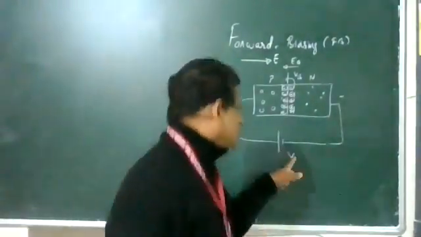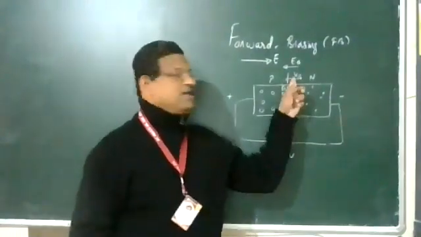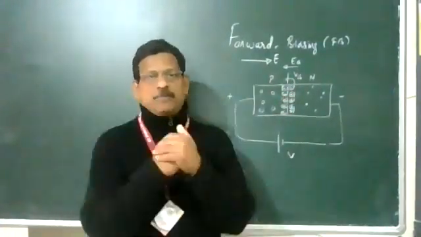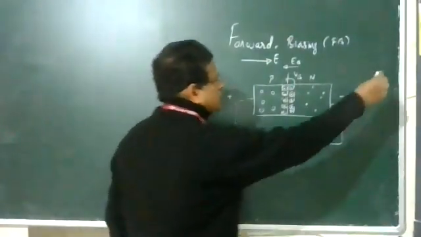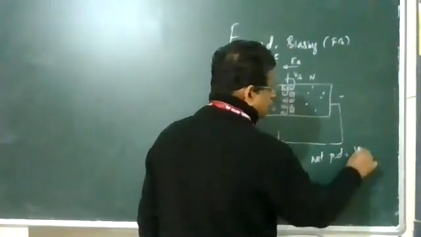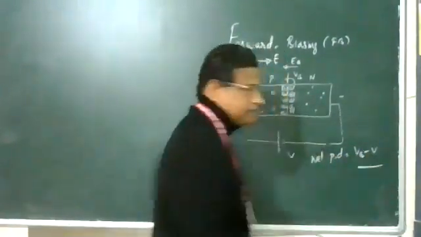The applied potential difference is V and the barrier is VB. Two batteries are connected back to back, so the net potential difference will be VB minus V.